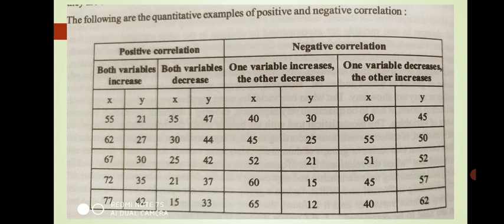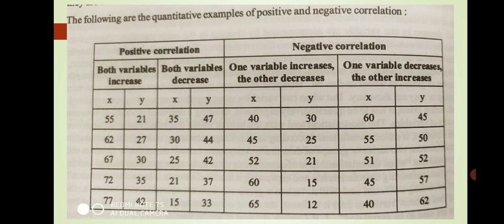In the x column you can see 55, 62, 67, 72 and 77, so these values are successively increasing. Similarly, in the y column, if you observe the values 21, 27, 30, 35, 42, they are also continuously increasing, proportionally as in case of x. So in the first case both variables are increasing.